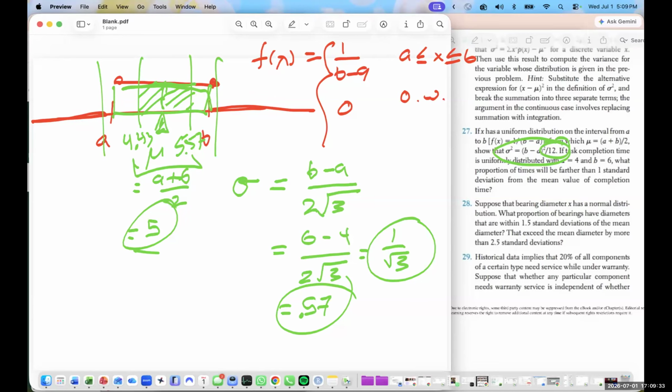So it would basically be 1 equals the difference of 5.57 minus 4.43, times the height, which is 1 over 2.